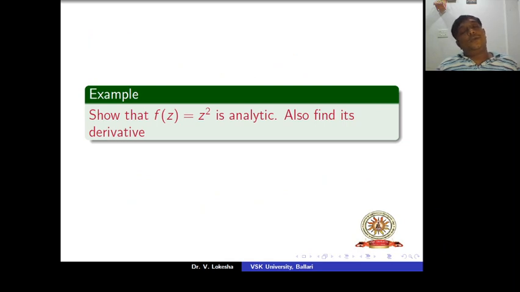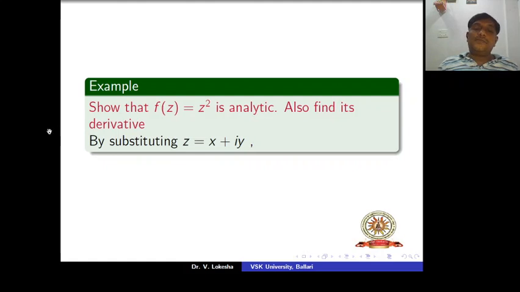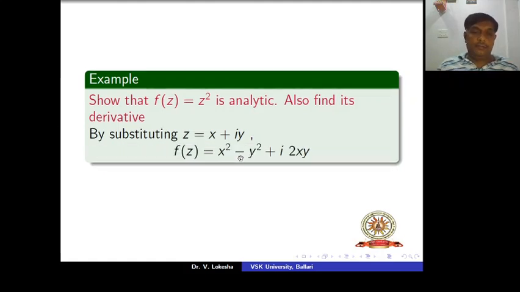Now we will go to some examples related to analyticity and its derivative. Show that f of z is equal to z square is analytic. Also find its derivative. First we can substitute z is equal to x plus iy. Then f of z is equal to x plus iy the whole square.